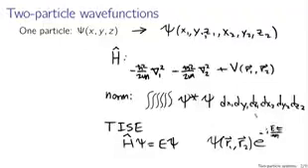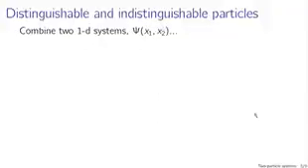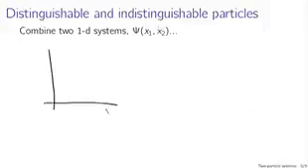The subtle point of multiple particle wave functions comes from whether the particles are distinguishable or indistinguishable. Consider combining two one-dimensional systems. So the position of particle 1 is represented by x1, position of particle 2 represented by x2. So we have two particles in a one-dimensional system essentially, and the positions of those particles are independent. This looks a lot like two independent variables. So you can think about this as, in 2 dimensions, an x1 axis and an x2 axis.